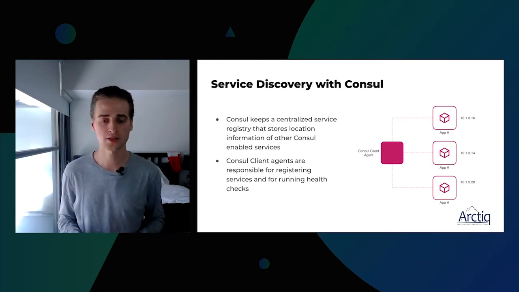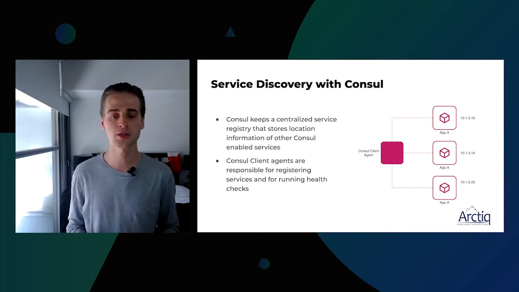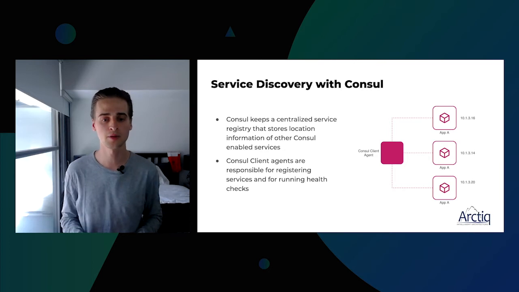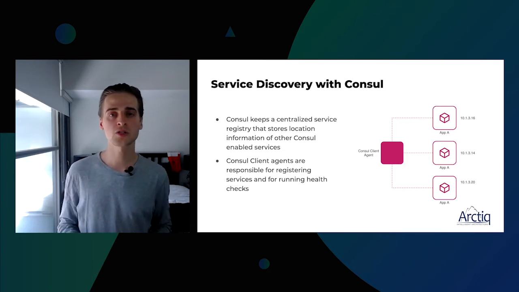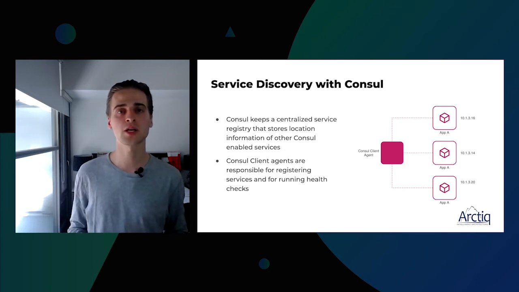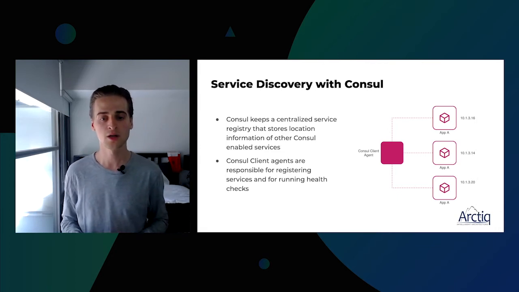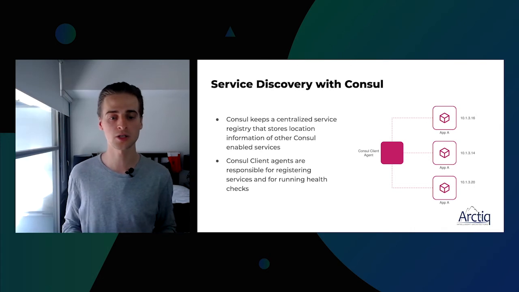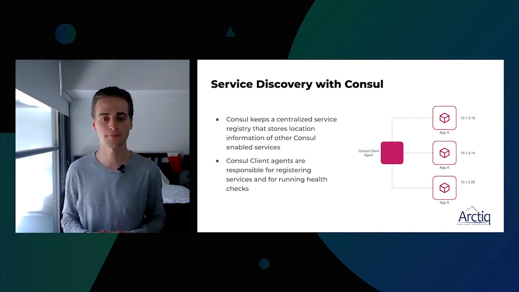So how does Consul do this? And how can we shift from hard coding IP addresses and achieve a more dynamic setup? Consul keeps a centralized service registry that stores the location information such as IP address for Consul-enabled services, and it does this by running a local sidecar agent on each node in the environment.